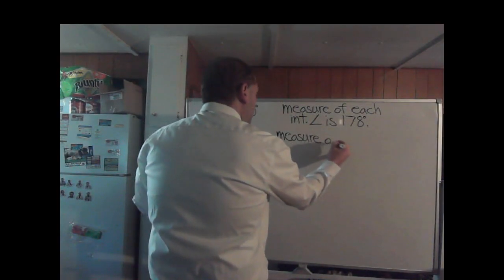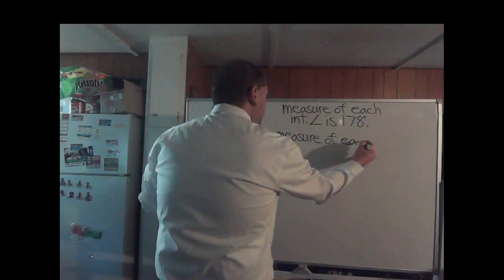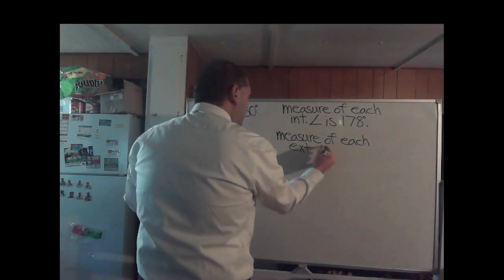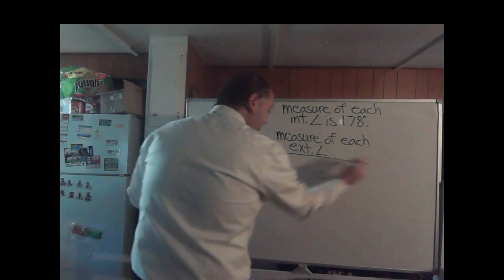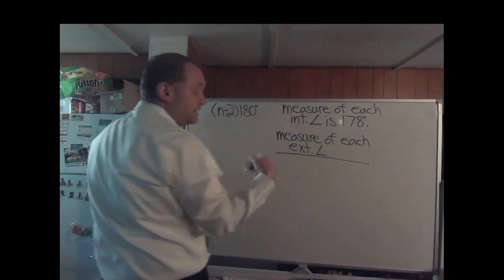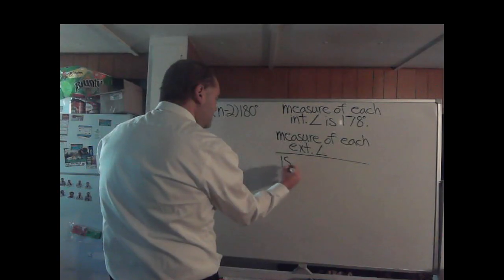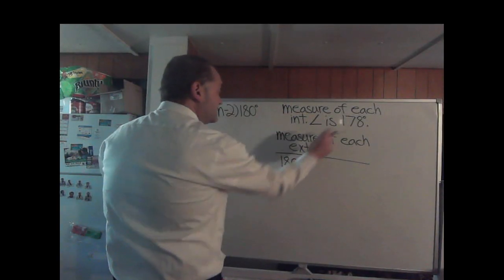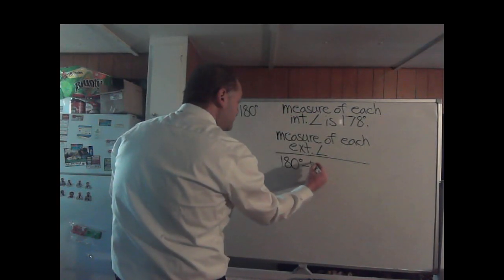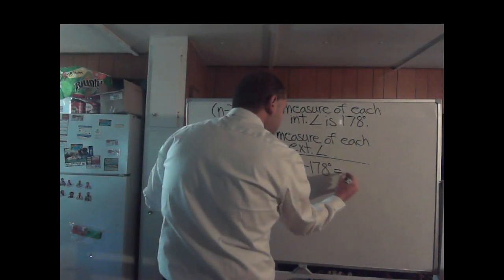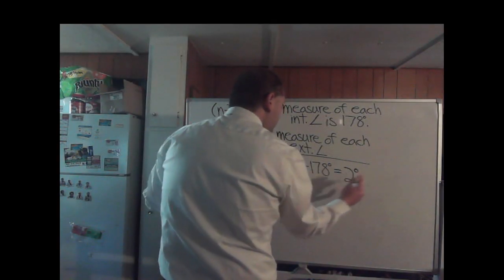The measure of each exterior angle, to find that, again, an exterior angle and interior angle are supplementary, so you'll just take 180 degrees minus the measure of one of your interior angles. So it's 180 minus 178, which gives you 2 degrees.